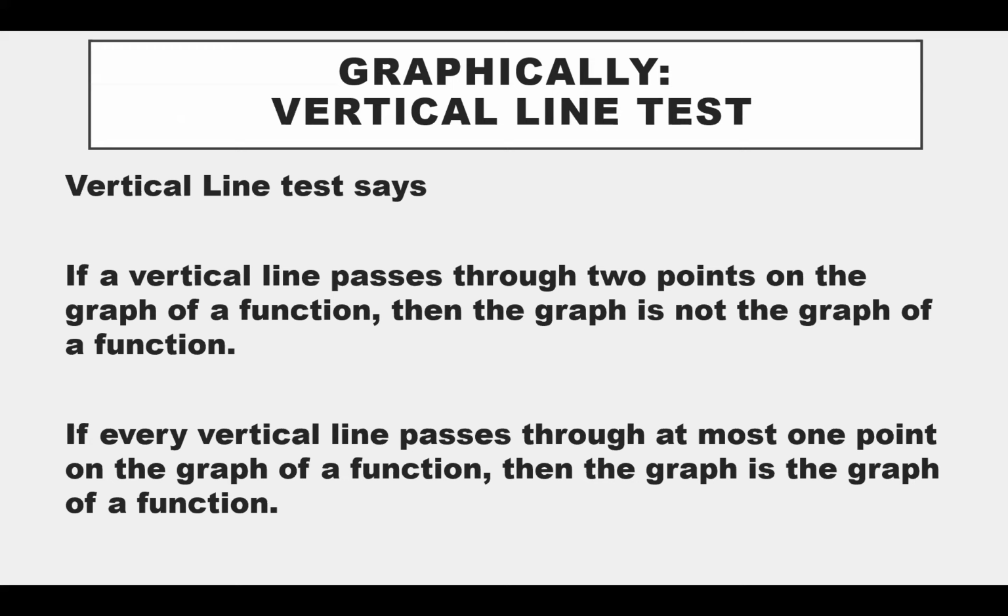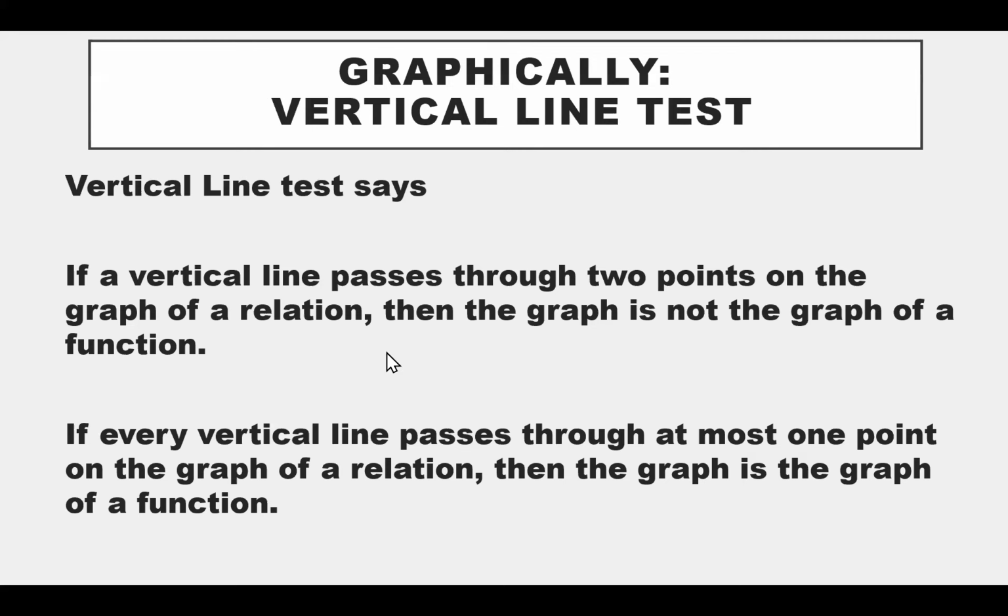All right. If we graph our function and a vertical line passes through 2 points on the graph of that relation, I should say. So I changed the language here.